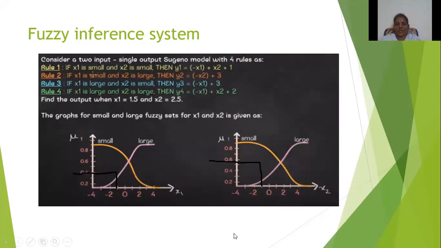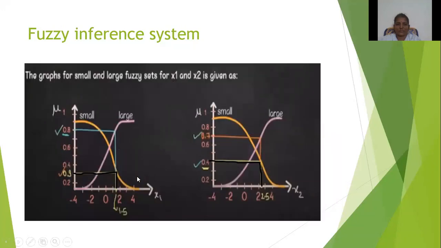So you need to consider x1 1.5 at this location, and it is on the small graph only, and x2 is also small. This is also on the small graph only.